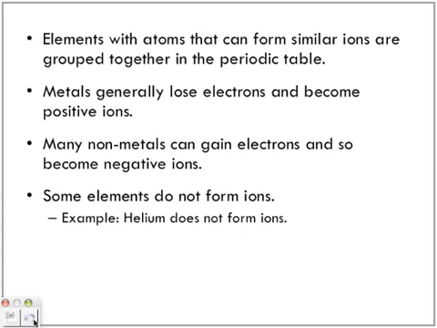Some elements do not form ions. For example, helium does not form ions. If you look at group 18, it is the column at the very right of the periodic table. It starts off with helium, neon, argon, krypton, xenon, radon. All of these do not form ions, because these are what we call noble gases.